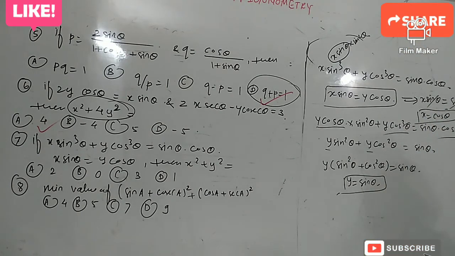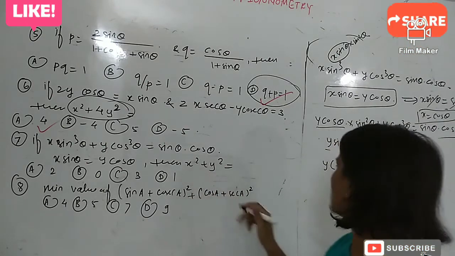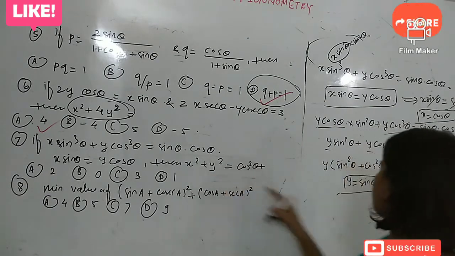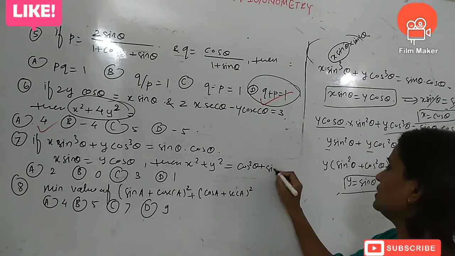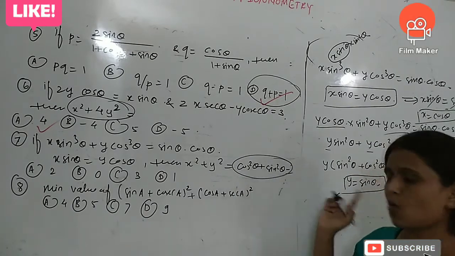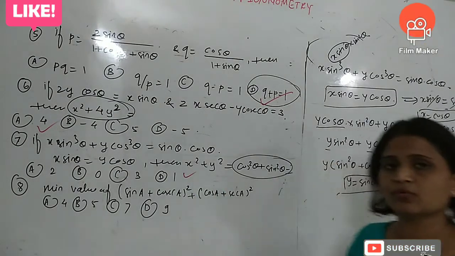So I got both values: x is cos theta and y is sine theta. Now I can solve the expression x square plus y square: x square is cos square theta plus y square is sine square theta. We all know this value is 1. So the correct option is D, option 1.